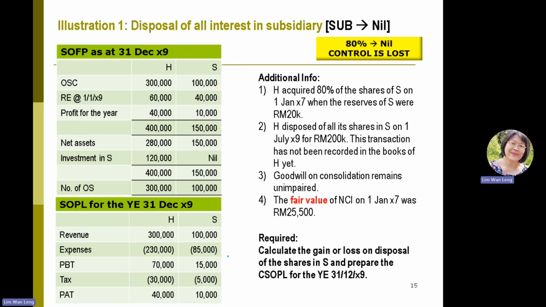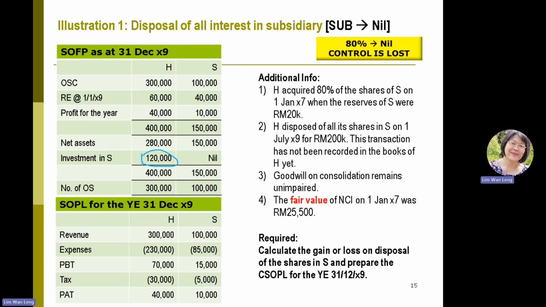Then you have net assets, and then you have investment in the subsidiary. When you see the investment in the subsidiary, basically you will find that this particular figure is your cost of investment. I hope that by now you know how to read the financial statements.